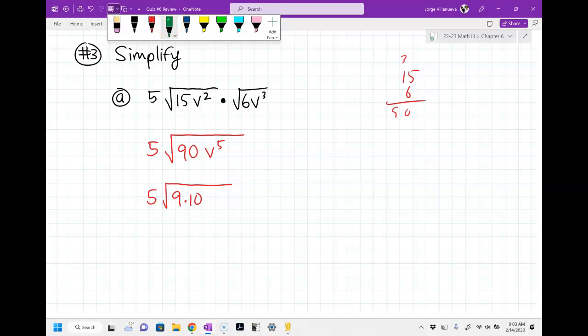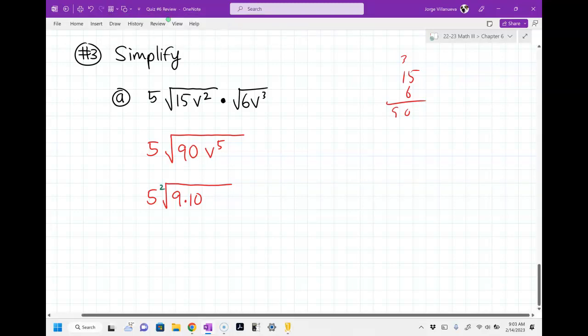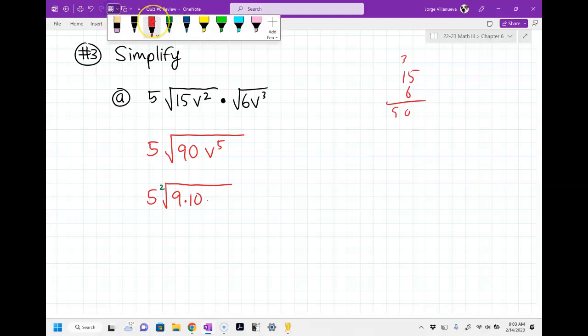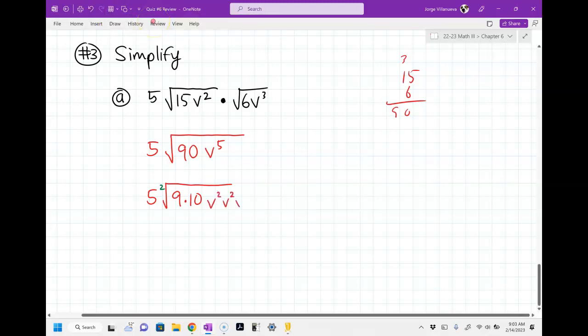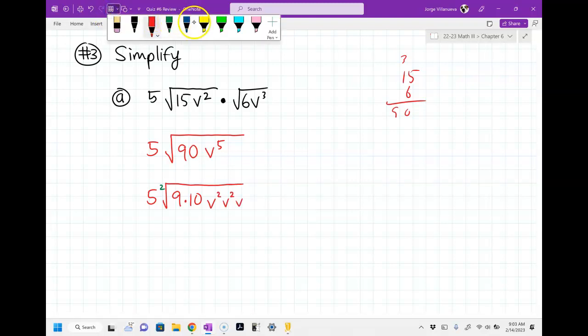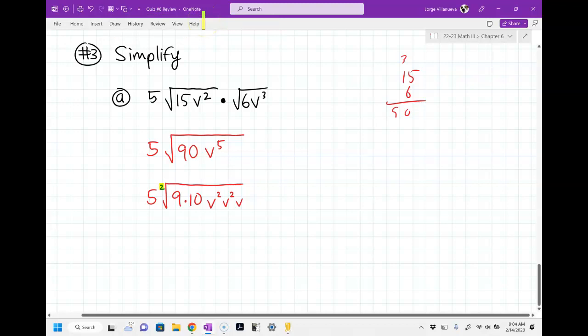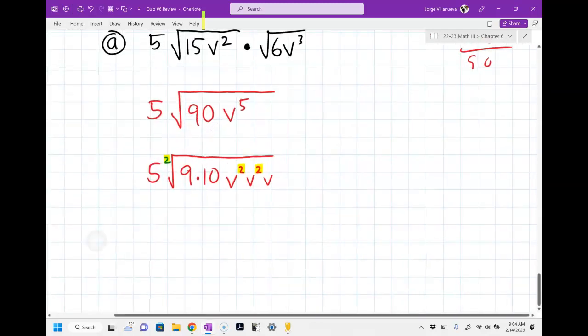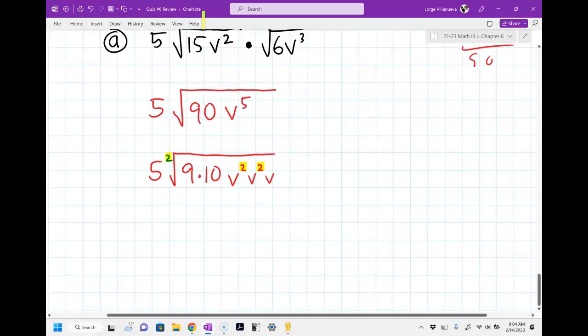A 2. That means my powers have to be 2's, right? So v to the 5th is v squared, v squared, v. So notice those match, right? The powers of 2 right there match with my index. That means those are going to come out.